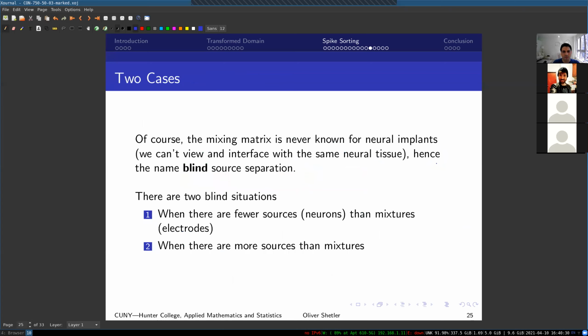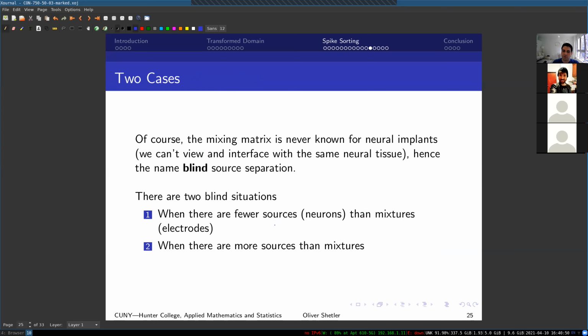And in addition to that, there are two circumstances that you can have for blind source separation. One is where there are fewer sources than there are electrodes, and the other is when there are more neurons than there are electrodes, right?